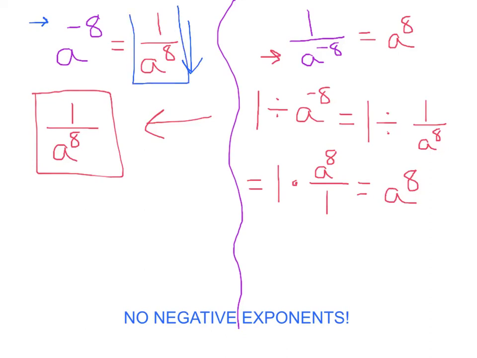Send them to the denominator, make them positive. And if they're negative in the basement, we have to bring them upstairs and then make them positive. So we don't like negative exponents. You always have to move them and change them. Move them to the denominator and change them to positive, but if they're in the denominator, you have to move them to the numerator and make them positive.